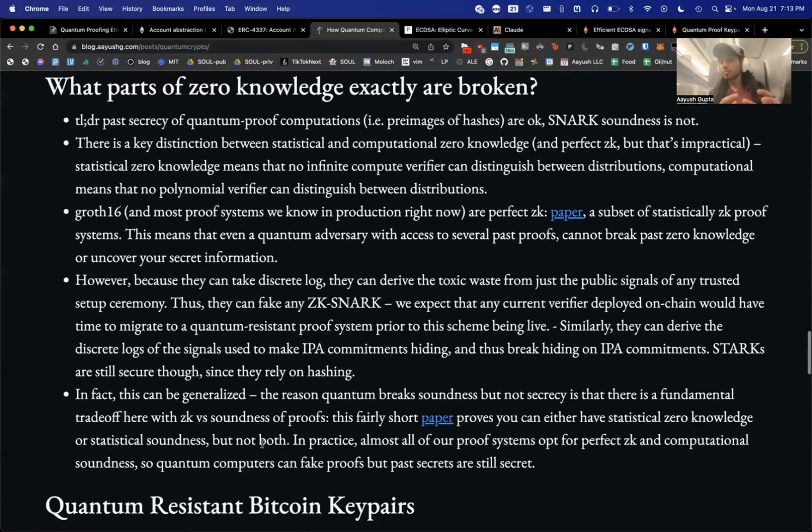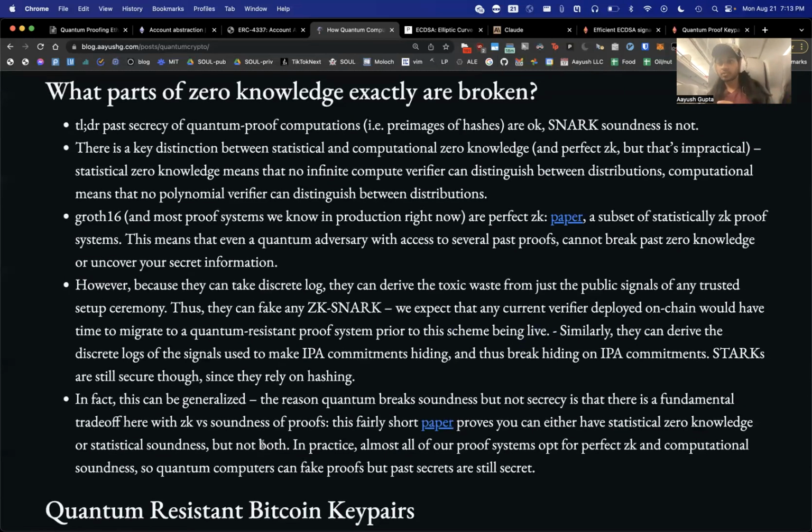Now, it turns out that some parts of zero knowledge will be broken. So for instance, ZK snarks will be backwards secure, meaning you don't know past information that has been privately proved. However, in the future, anyone can generate a fake ZK snark for any statement. And so we can't actually use ZK snarks. But as you know, there are 2 main kinds of ZK protocols, snarks and starks.